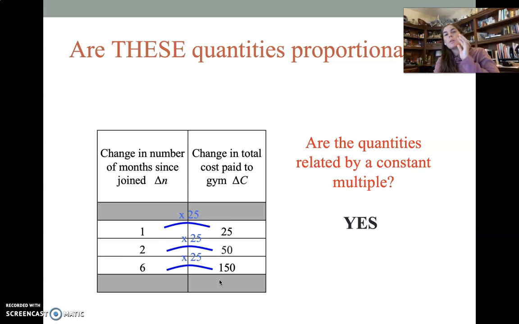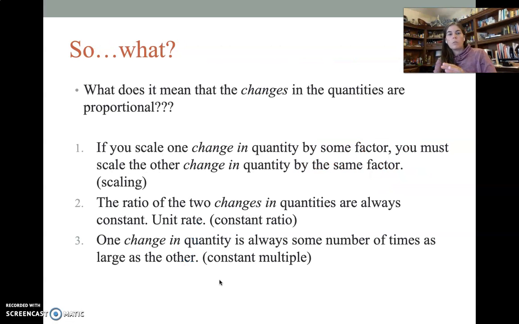And so it's not the quantities that are proportional, it's the changes in the quantities that are proportional. So that's a lot of words. So let's think about this. The changes, right? So how those quantities are changing. The quantities are just the things that we're looking at, the things that we're measuring. And then we just define proportional to be these 3. So if the changes are proportional, we could say each of these statements.